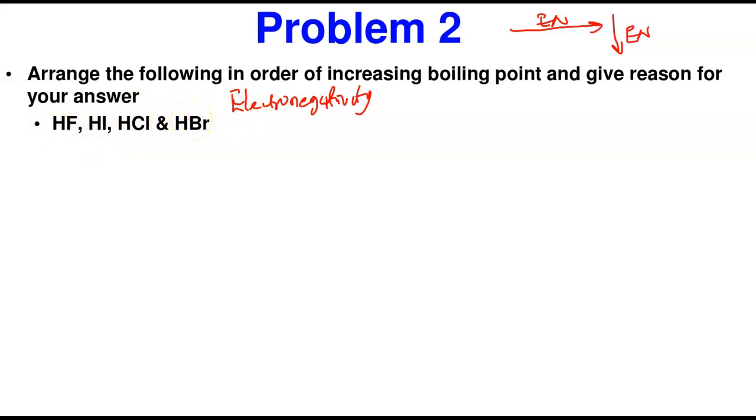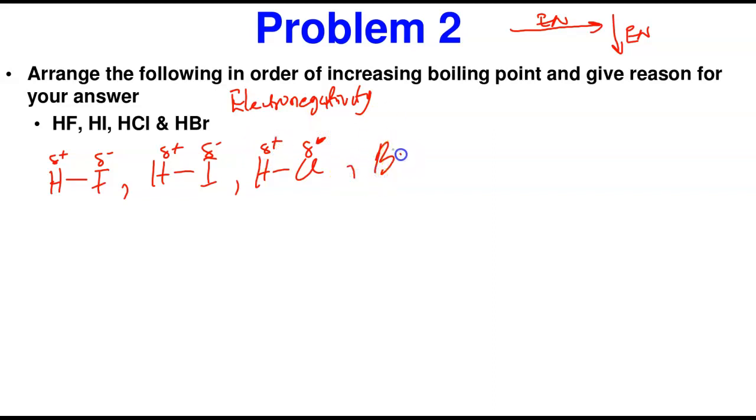So assuming I want to draw this, let me draw it a little bit. If I want to draw each of these, so HF, of course, this is partial negative, partial positive. This is HI, partial negative, partial positive. This is HCl, partial negative and partial positive. And this is HBr.